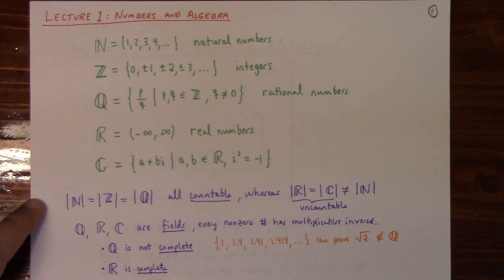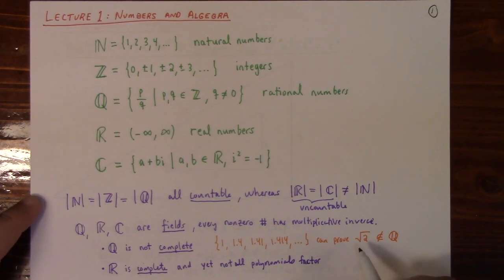So R is complete, and yet not all polynomials factor, or another way you could look at it is there are polynomial equations which don't have solutions.